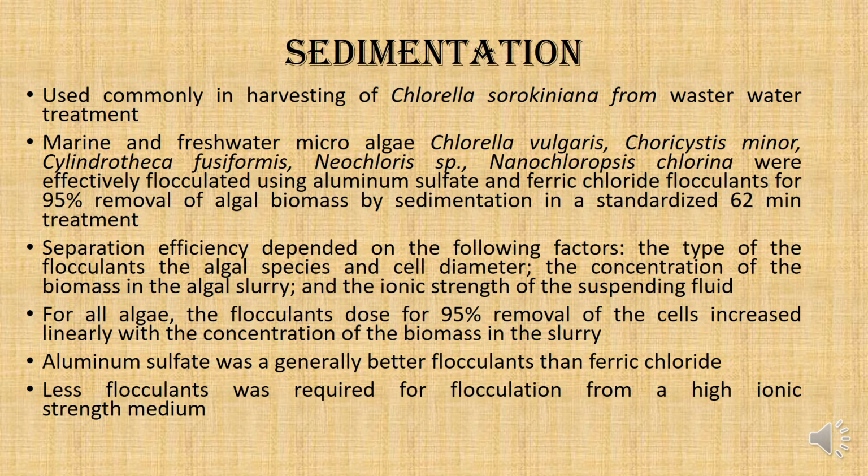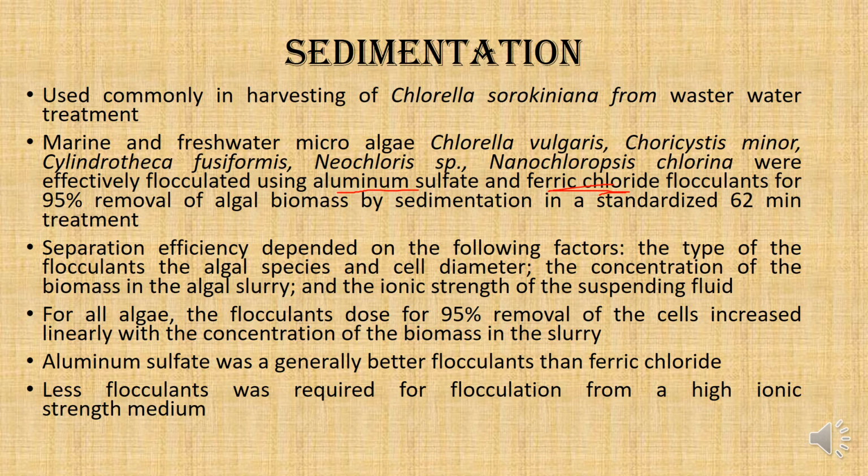So commonly in sedimentation, both marine as well as freshwater microalgae can be separated by this type of sedimentation. And chemically, we use a lot of flocculants like aluminium sulfate, mostly aluminium and iron based flocculants are added.